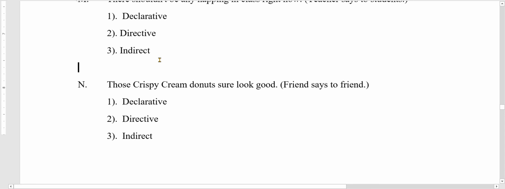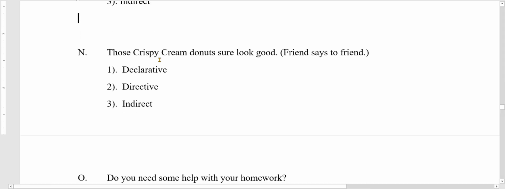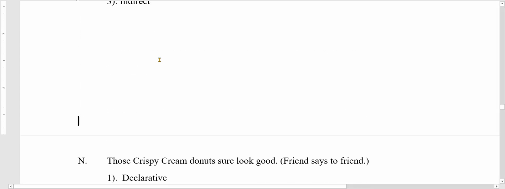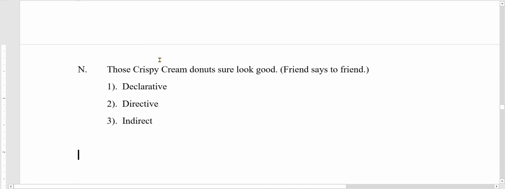And it is two friends. It's not a friend talking to a stranger. So if the one friend says those Krispy Kreme donuts look good, maybe the friend's saying, can I share? Can I have some? So in this case, I look at it as declarative, directive, indirect. That's how I look at it.